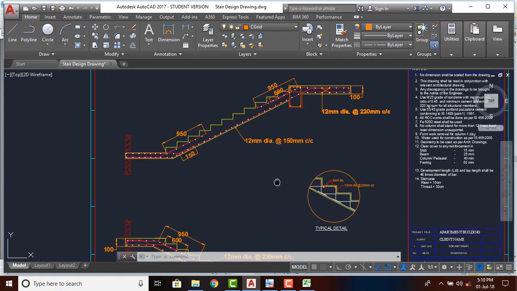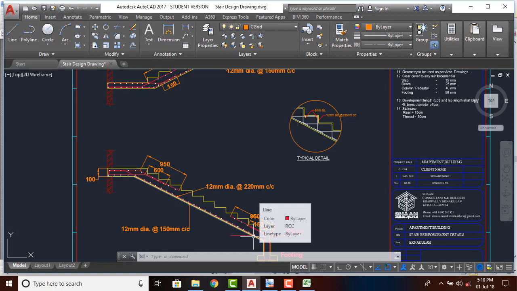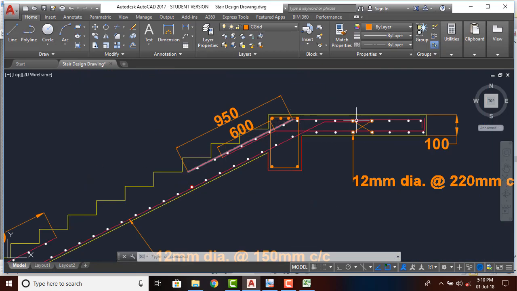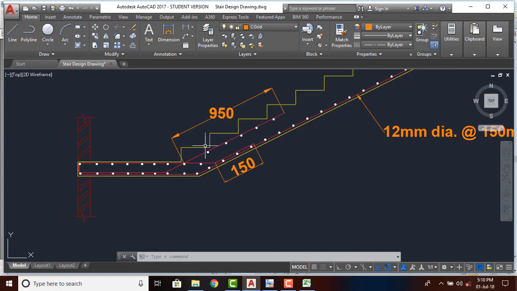It is similar to the case in the first flight. So it goes from here to this side and the other one to the bottom side, that is which is having a distance of 600 mm in this staircase flight. And on this bottom side also the reinforcement starts from the bottom, then it extends to the top side of the slab for a distance of 950 mm.